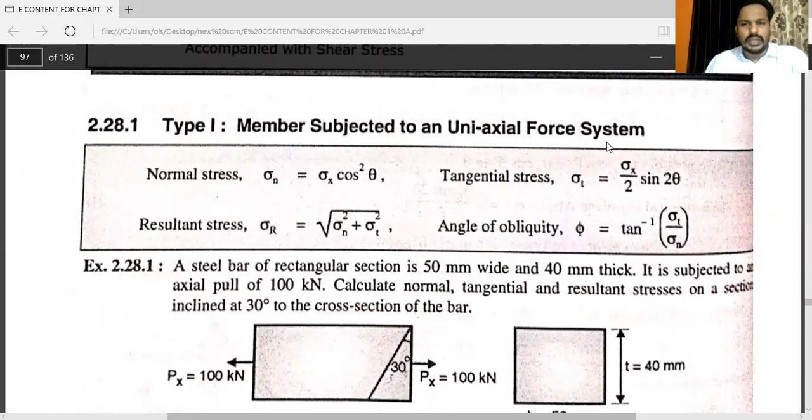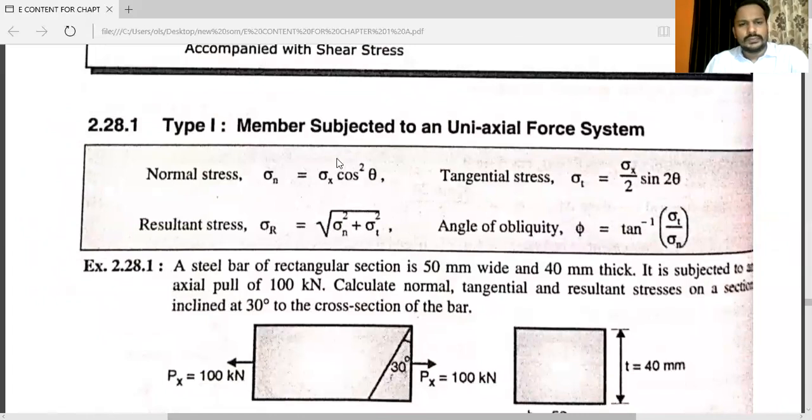Here you can see the formulas. Type 1, when the member is subjected to a uniaxial force system: normal stress sigma n is equal to sigma x cos square theta. Tangential stress, sigma t is equal to sigma x by 2 sin 2 theta.